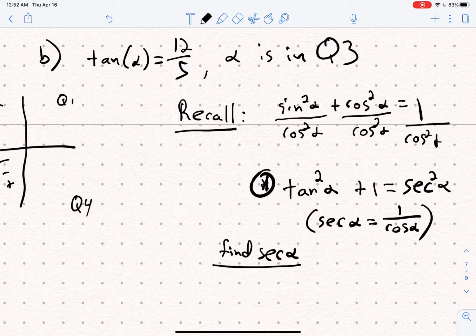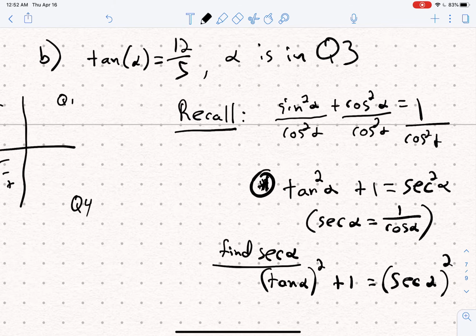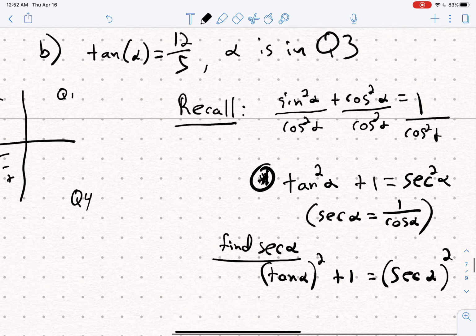And we're going to do it using this starred equation. And I'm just going to rewrite it. Instead of tangent squared alpha, it's really tangent of alpha whole thing squared plus 1. And that's equal to secant of alpha whole thing squared. Tangent of alpha, we know it's given to us at the top. It was 12 over 5.